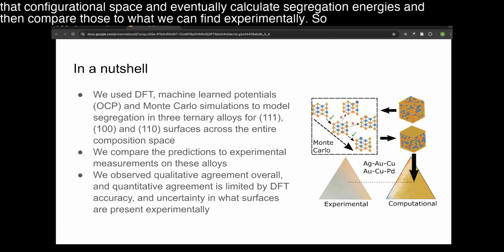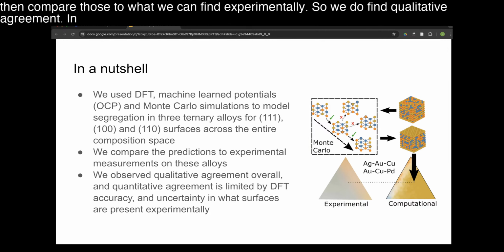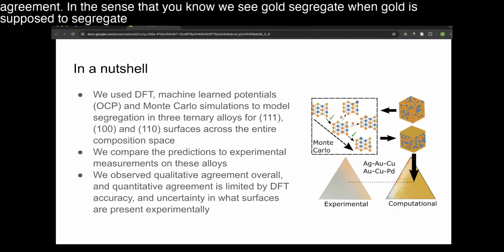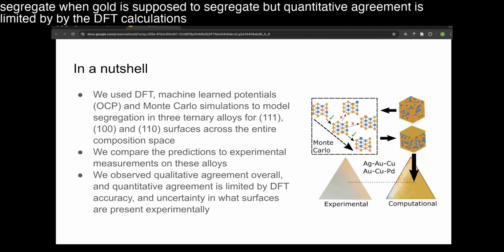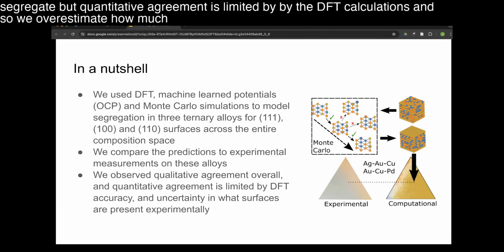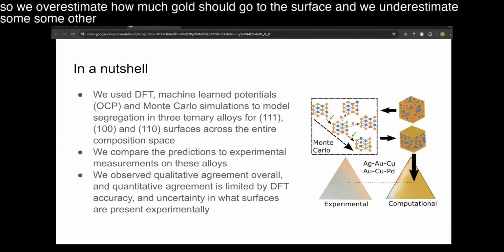So we do find qualitative agreement in the sense that we see gold segregate when gold is supposed to segregate, but quantitative agreement is limited by the DFT calculations. And so we overestimate how much gold should go to the surface and we underestimate some other properties.